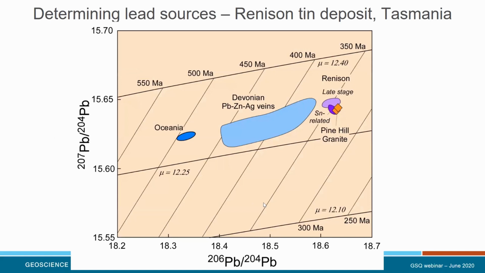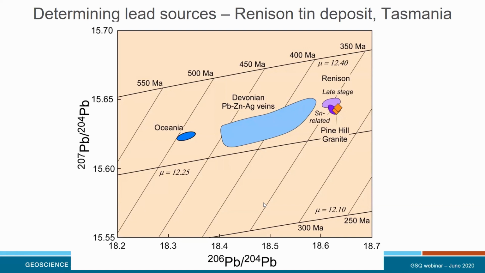So now we'll move on to a second thing and look at how you can actually determine lead sources. Okay, and so we're going to go down to Tasmania. This is just fields of analyses that we've done looking at data from Western Tasmania. So we have the Oceania deposit, some Devonian lead, zinc, silver veins, and also the Renison deposit.